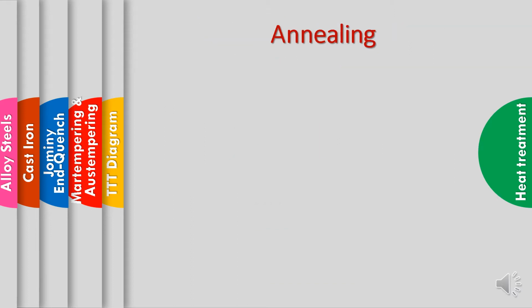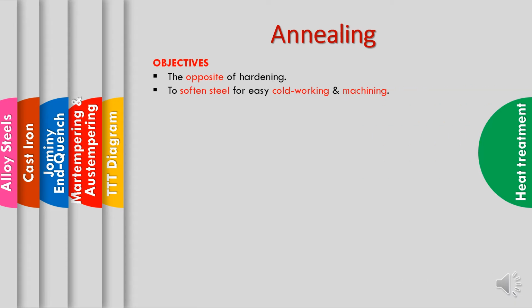So we will discuss annealing. The objective of annealing is basically to soften the material or soften the steel, the opposite of hardening. Once the material is quite hardened and we want to manufacture it using equipment, we need a soft steel.